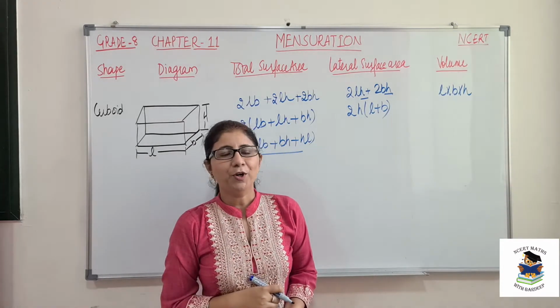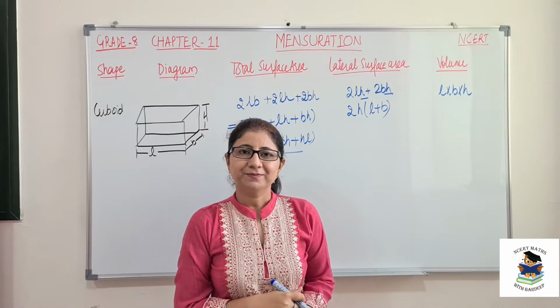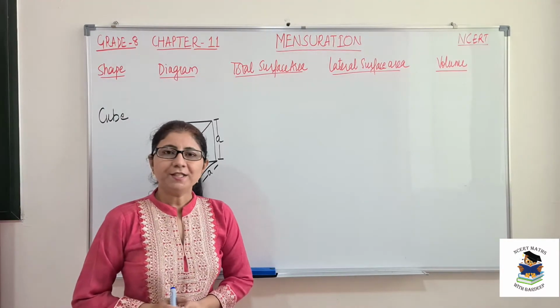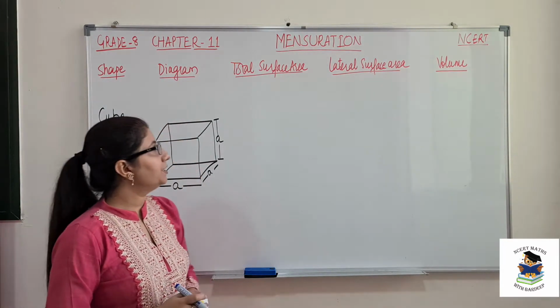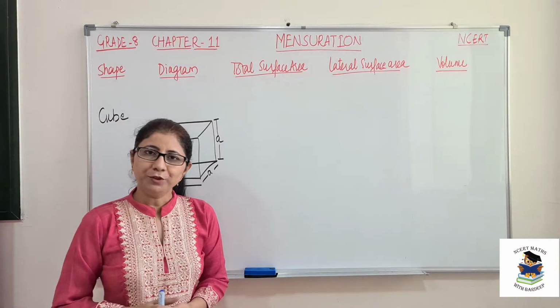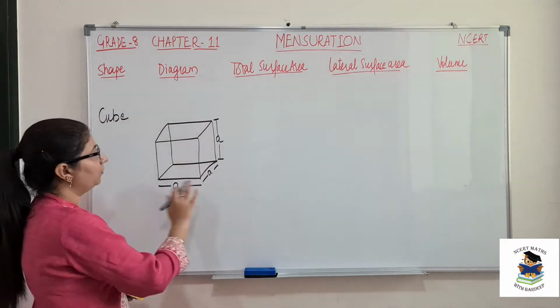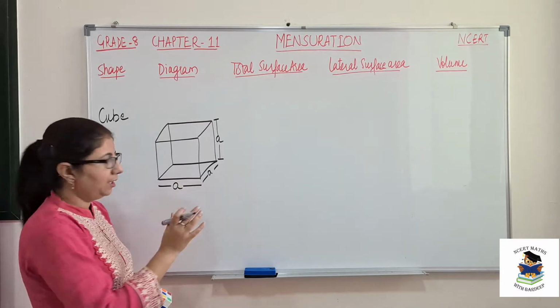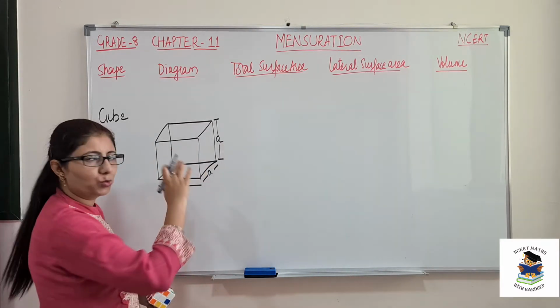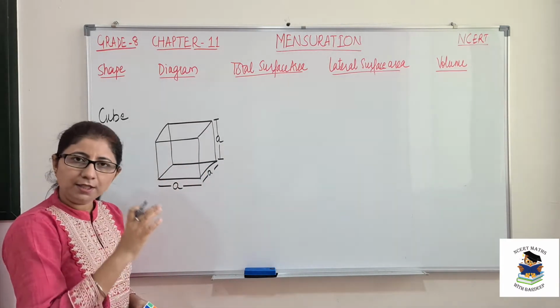So this is about the cuboid. Now let's move on to the cube. Let's see the total surface area, lateral surface area and volume of a cube. As we have already done, a cube is a 3D shape in which each side is a square. That means each side is equal.